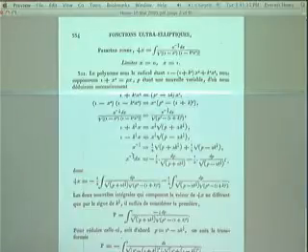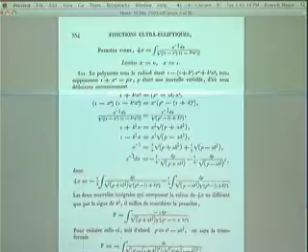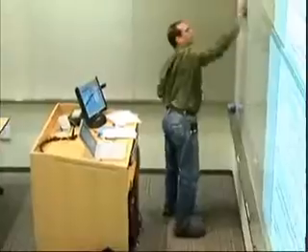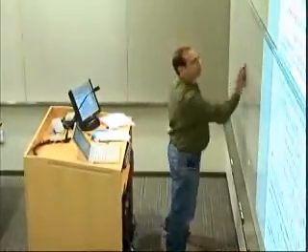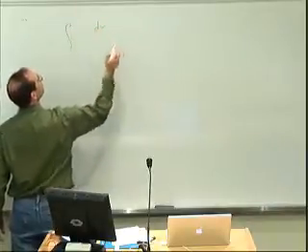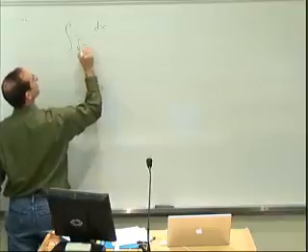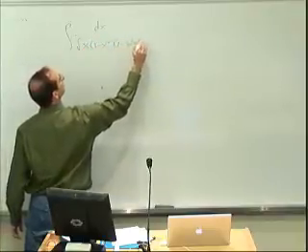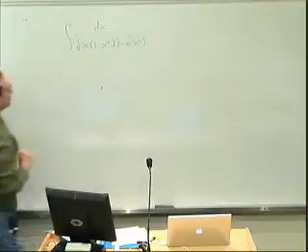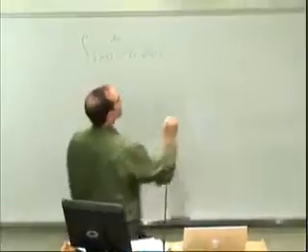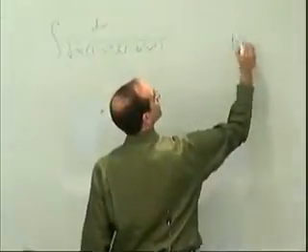So what he notes, maybe I'll write this on the board as well, is that if you're trying to compute the integral of dx over the square root of x(1 - x^2)(1 - k^2 x^2), and he has limits of integration, but let's not worry about them, he says what you should do is make a substitution.